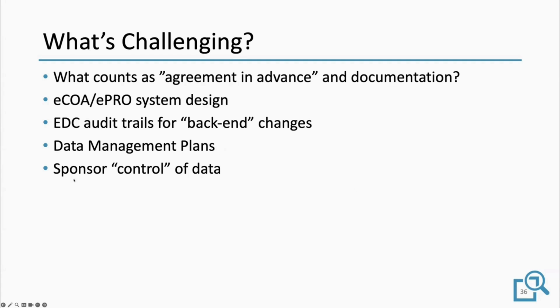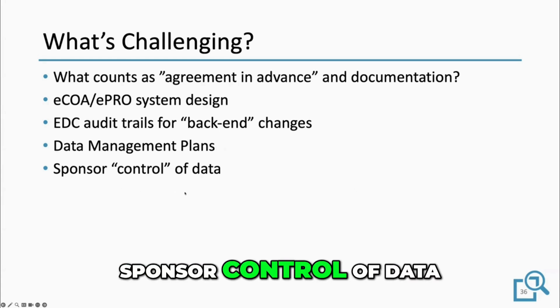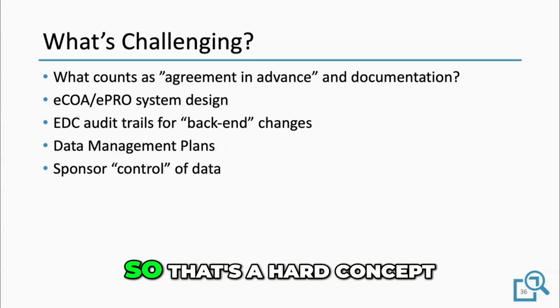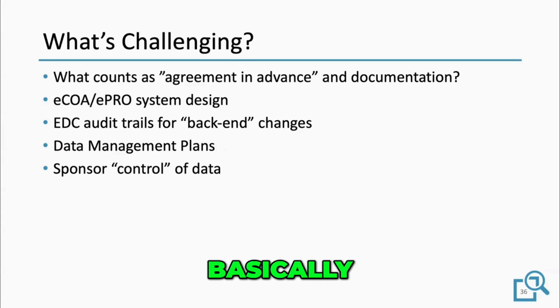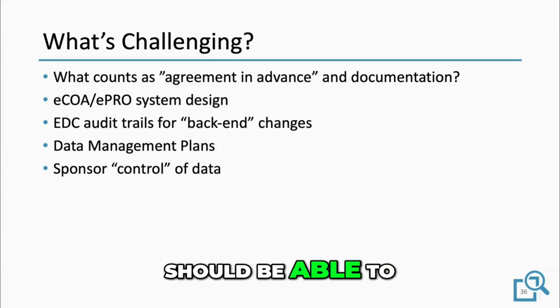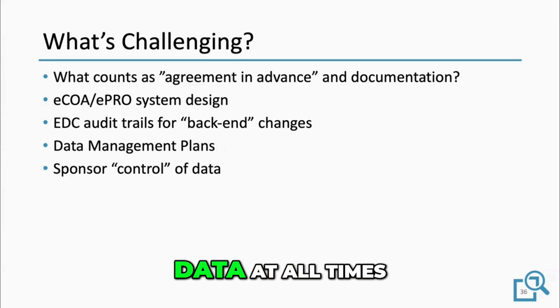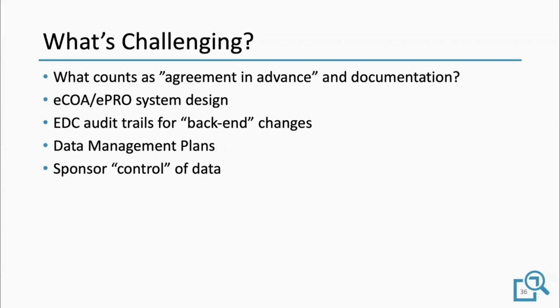And then the last thing I want to talk about here is sponsor control of data. So that's a hard concept. Basically, the way I read it is the site should be able to have eyes on their data at all times, so that if the sponsor decided to falsify data in some way, the site would at least have the opportunity to see it.